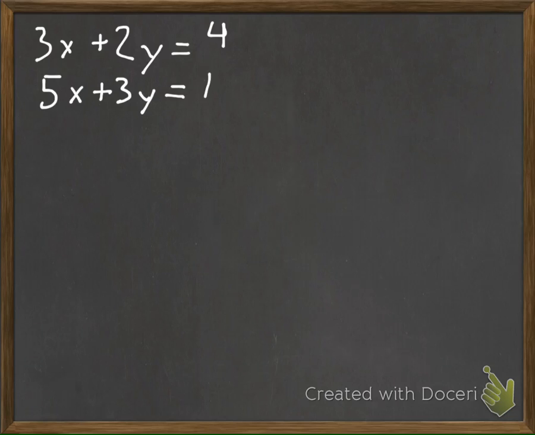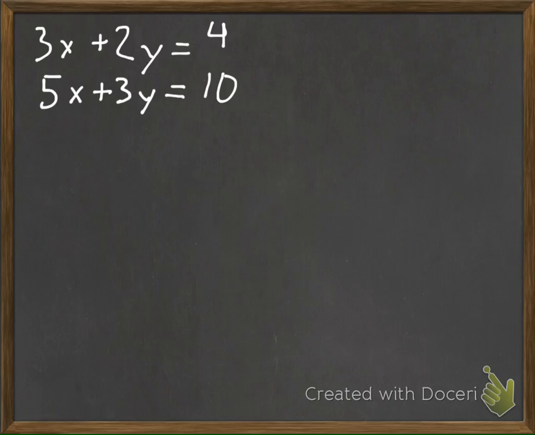So let's say I've got 3x plus 2y is equal to 4, and over here I've got 5x plus 3y is equal to 10. Now I'm not going to solve this one all the way through. I just want to show you what to do in this situation.